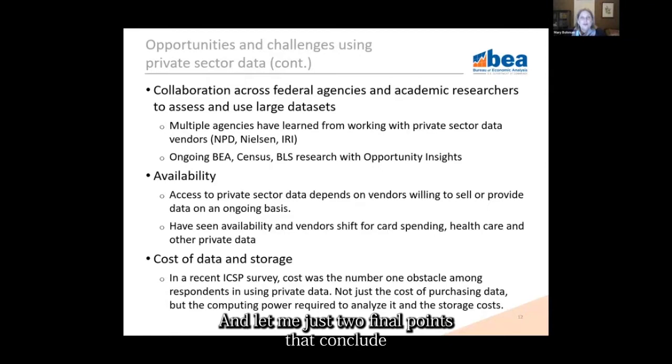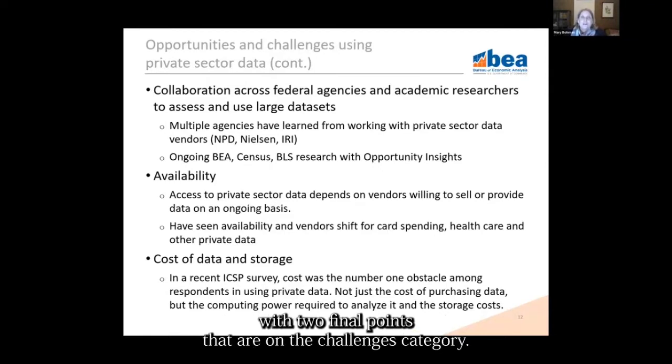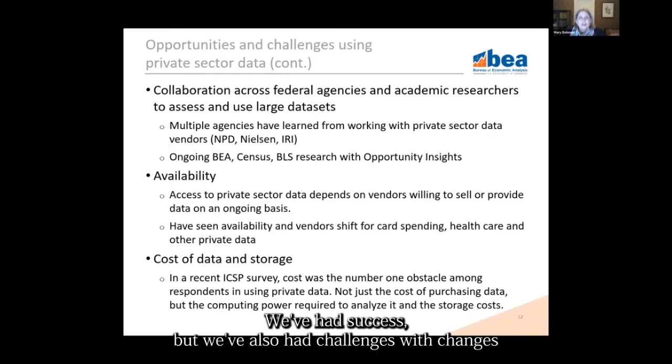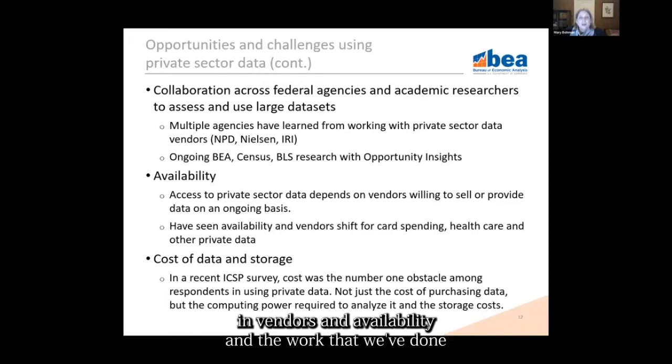And let me just conclude with two final points in the challenges category. One is availability, where we do have to identify vendors. We can do this. We've had success, but we've also had challenges with changes in vendors and availability in the work that we've done. And then cost, the cost of both data storage and purchases.